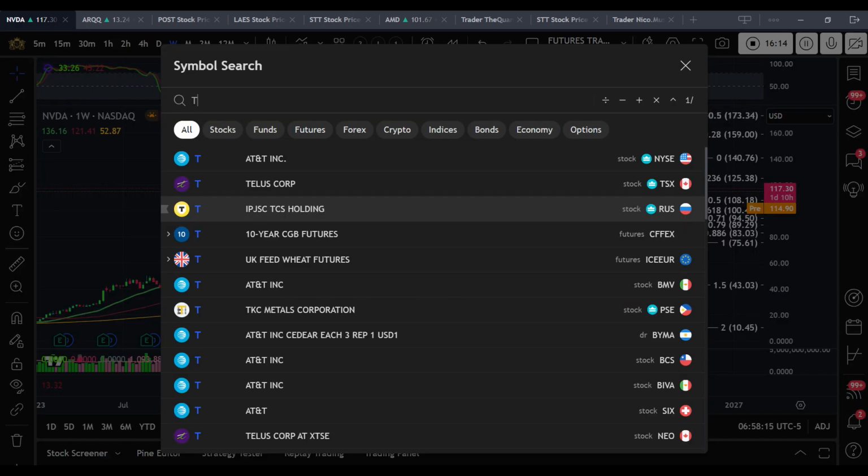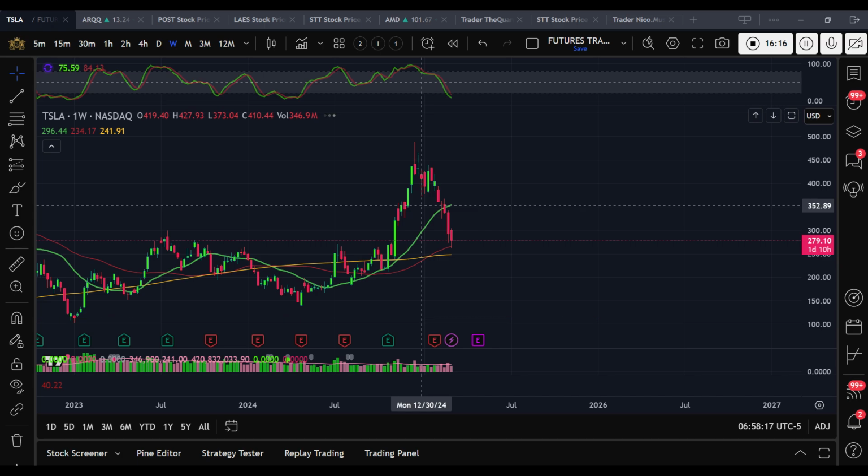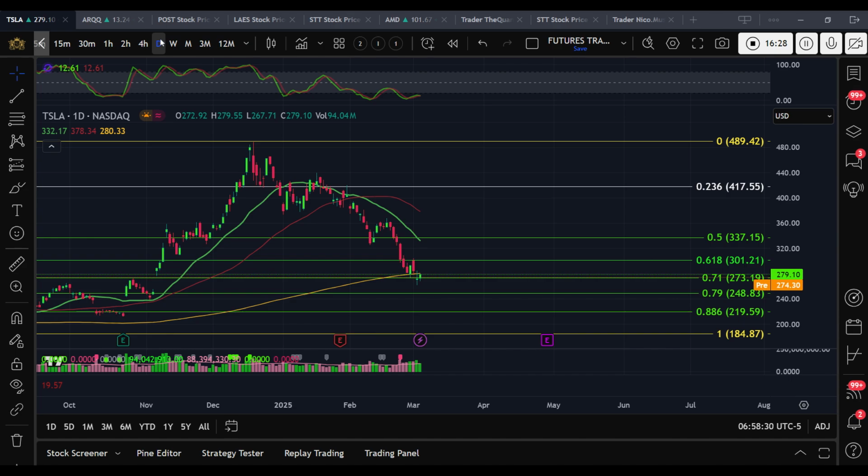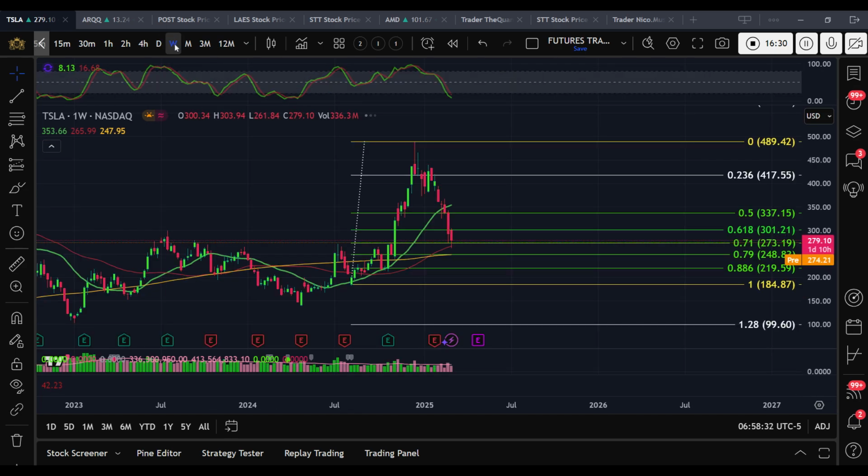What else should we look at? Let's look at Tesla. Now, this is interesting. Tesla has been battered in the news. So the fact that it is basically on the 200 moving average on the daily and the weekly is really interesting.